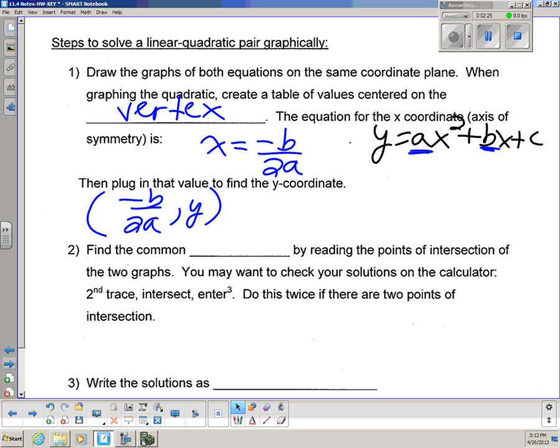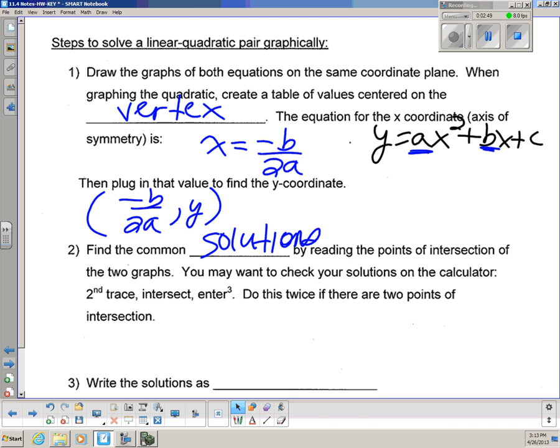Once you end up graphing both the line and the parabola, you're going to find the common solutions by reading the points of intersection of the two graphs. You probably want to check your solutions on the calculator because while your line's probably going to be perfectly straight, your parabola might be off a little bit, especially if you're only using 5 points to graph your parabola.